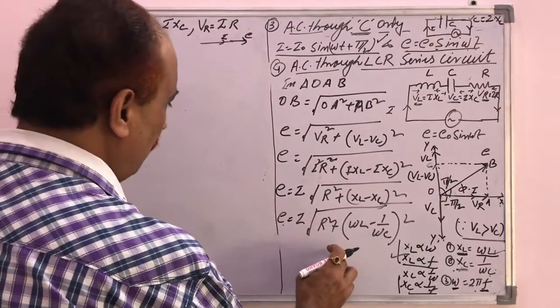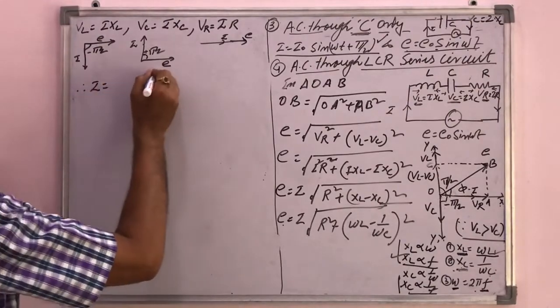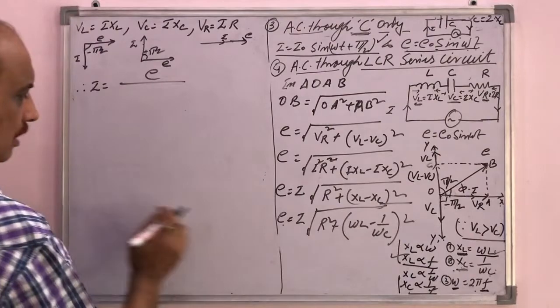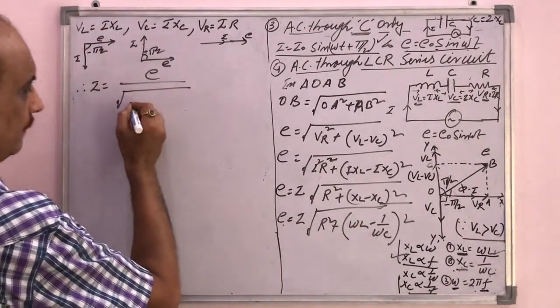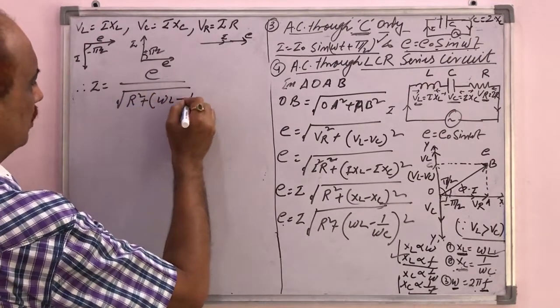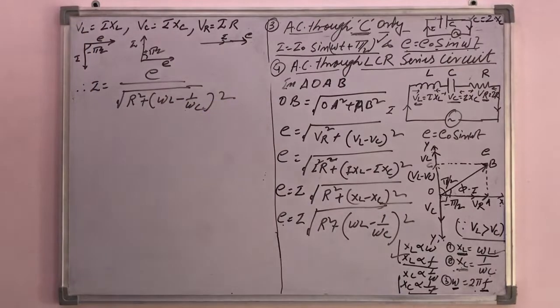Now what will be the amount of current flowing in the circuit? Current I flowing here is equal to, writing this term on the left side in the division, E upon square root of R square plus (omega L minus 1 upon omega C) whole square. That is the current flowing in the LCR series circuit.